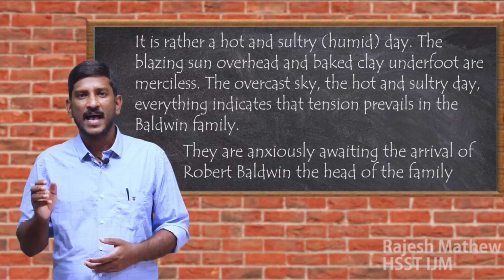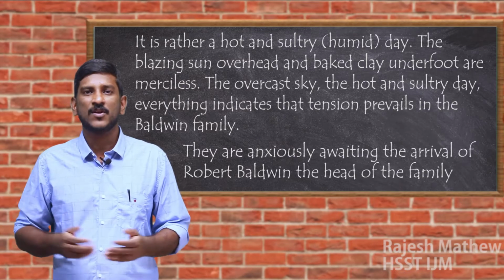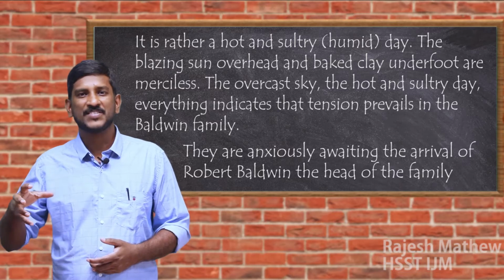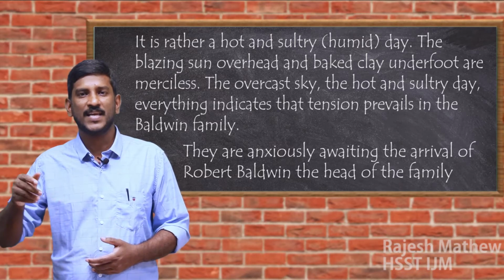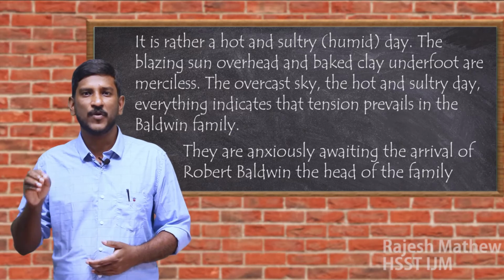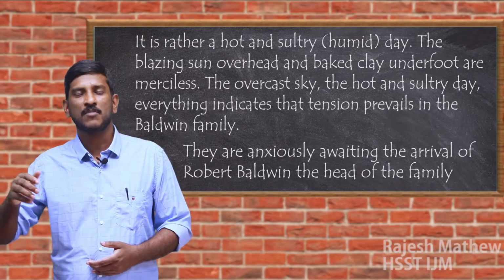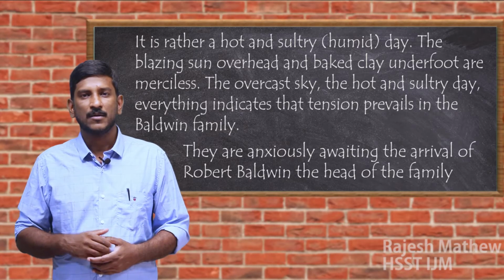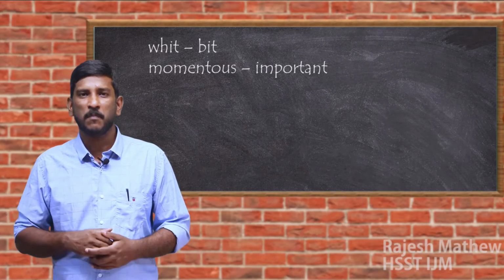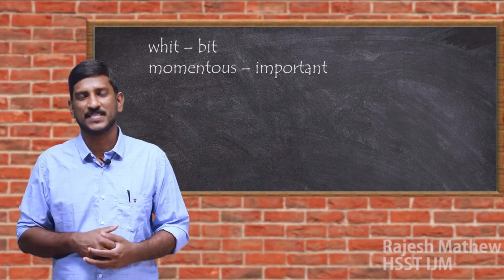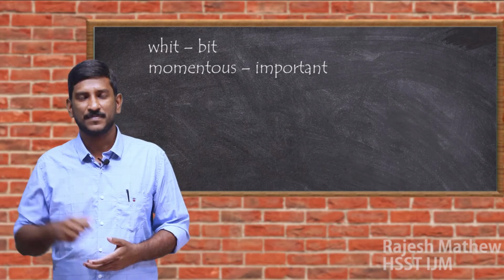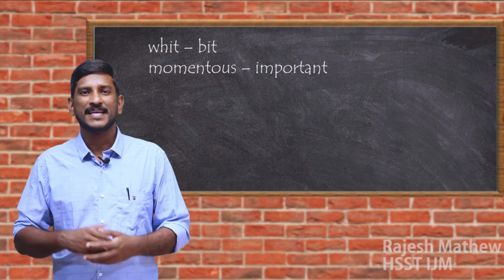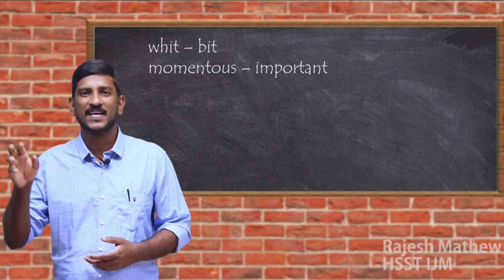They are anxiously awaiting the return of the head of the family, Robert Baldwin. John is smoking a cigarette as philosophically as if this day were in no whit more momentous than any other day. Martha is knitting, but she hasn't made any progress in the last half hour. Evie does not take any pain to conceal her nervousness.